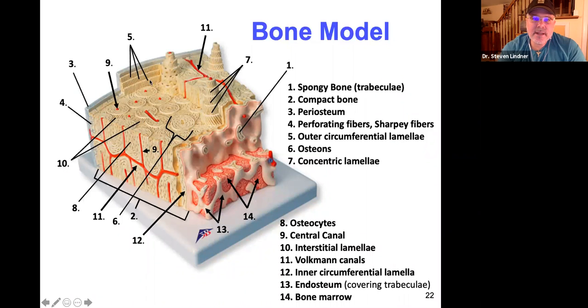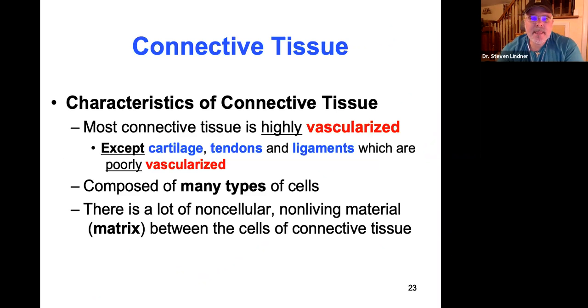You could see each of these osteons, lots of interstitial lamellae. You can see all of the interstitial lamellae here and here. They're between each osteon, right? They don't make the full circle. So just review the osteon. We covered that in another video.